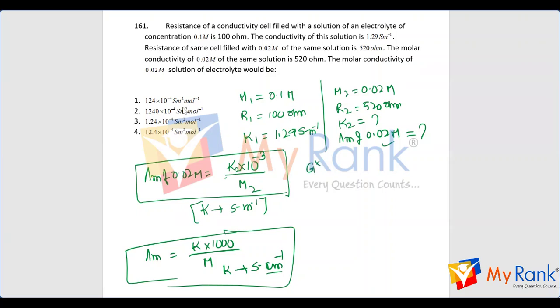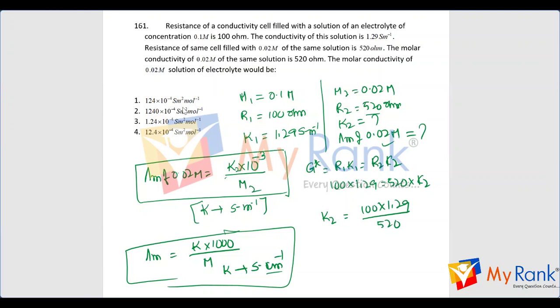Cell constant G star is equal to R1 K1, which is equal to R2 K2. R1 is 100, K1 is 1.29, and R2 is 520, and K2 we don't know. Therefore, K2 is equal to 100 into 1.29 divided by 520.